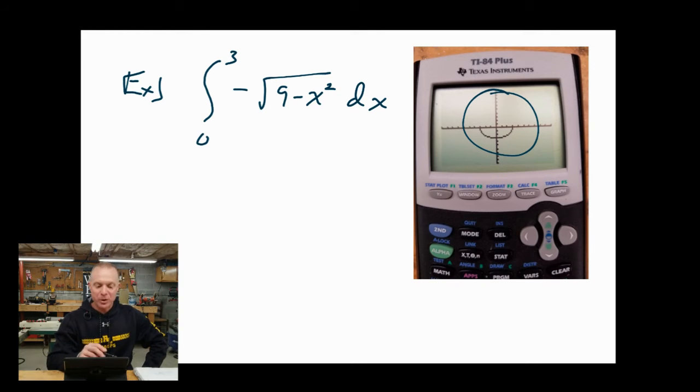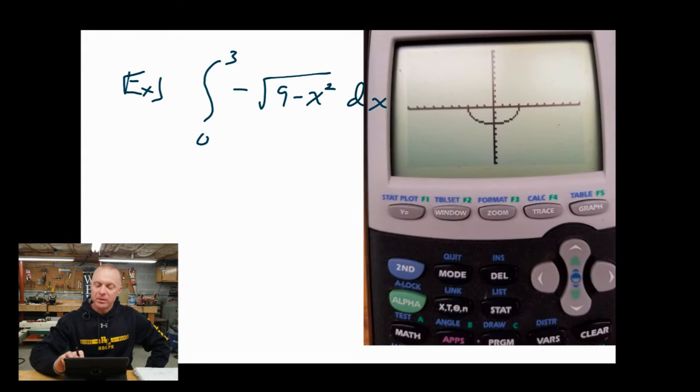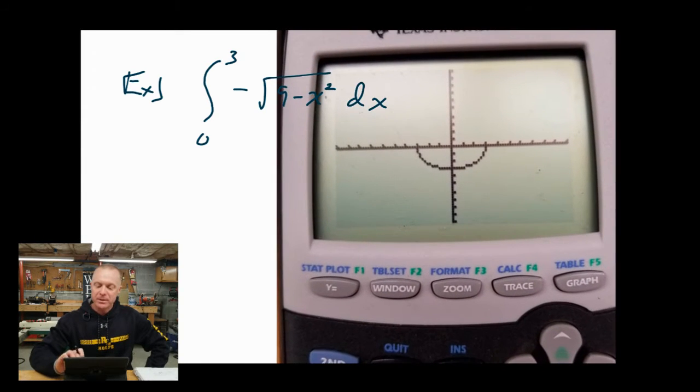It's a semicircle. Okay, we want to recognize that shape that came from that formula is 1/2 of a circle. But do you realize that we don't need all of this? Do you realize that we only need the part from 0 to 3? This is important when you start doing these problems on your own, that you realize where the area is.